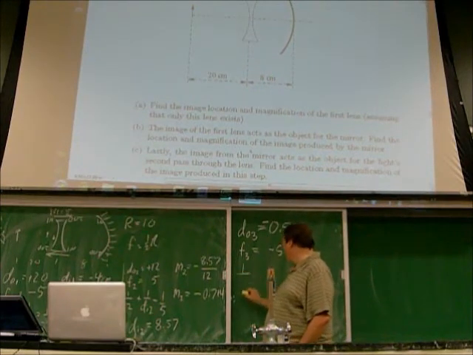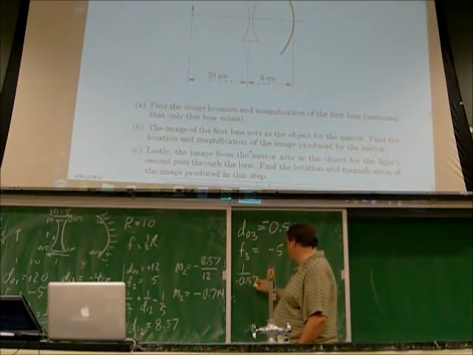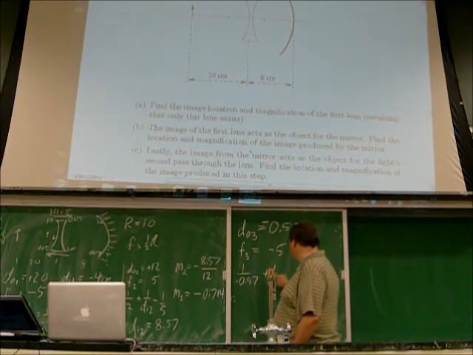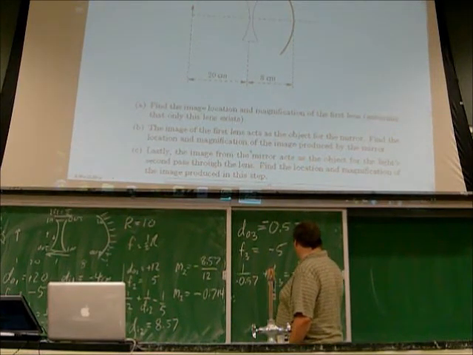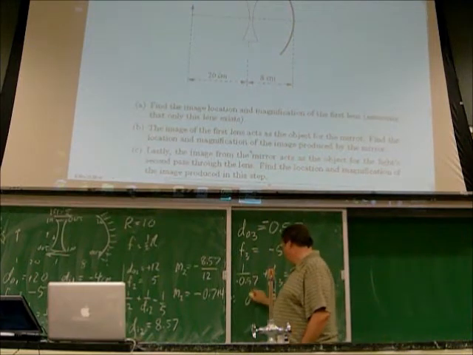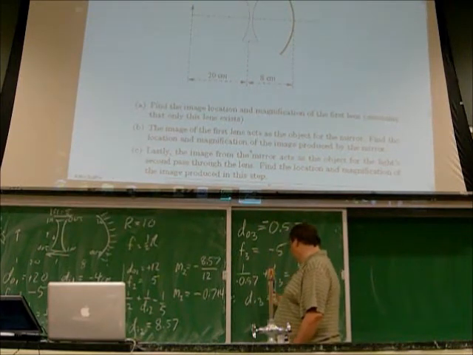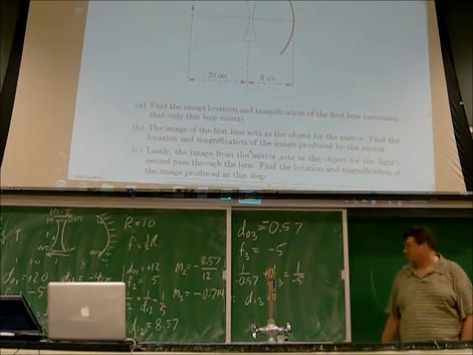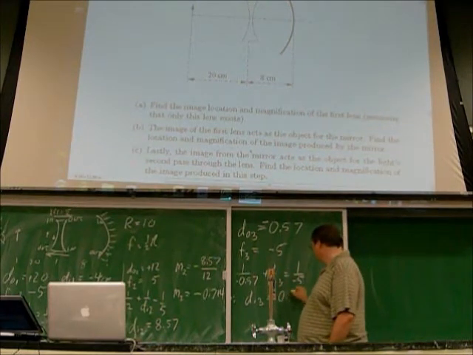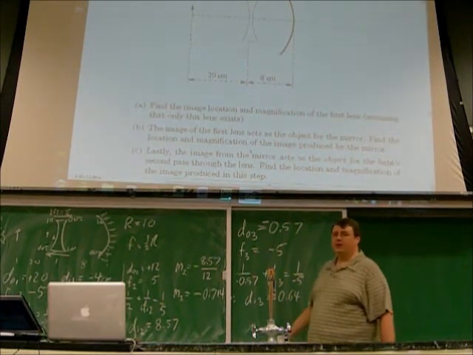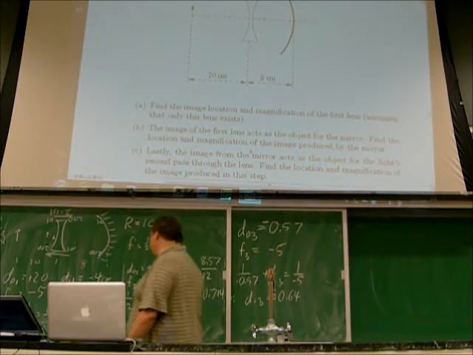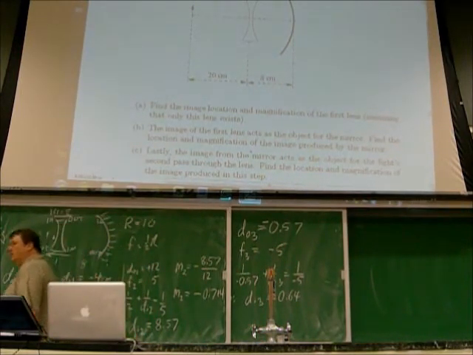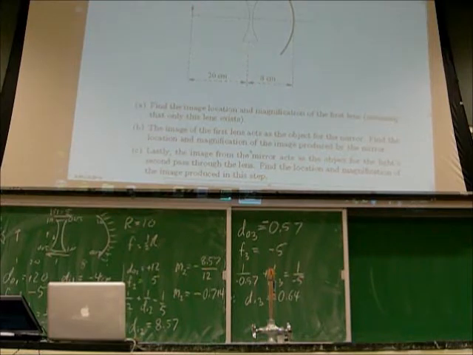So 1 over minus 0.57 plus 1 over distance image 3 is 1 over -5. Distance image 3 is what? 0.64. So that's 0.64 centimeters on which side? Outgoing side, because the image distance is positive, and image distance is positive when the image is on the outgoing side.